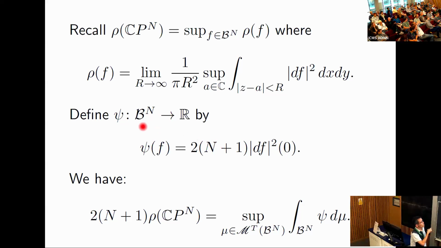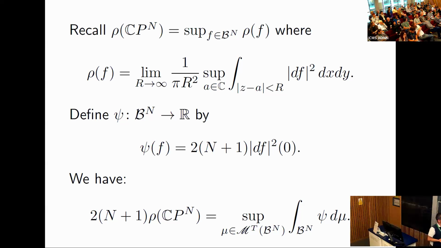This is a continuous function. Now we can prove that this quantity, the right-hand side of the mean dimension formula, is equal to the supremum of the integral of C over all invariant probability measures. So now we have expressed this quantity using invariant probability measures.